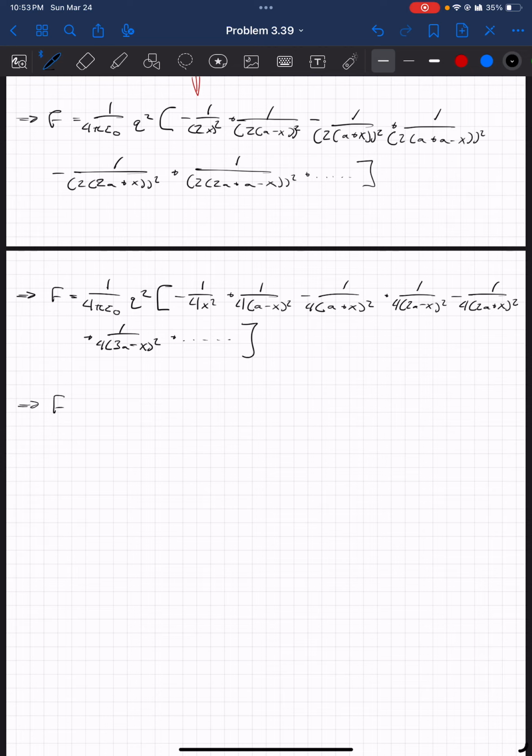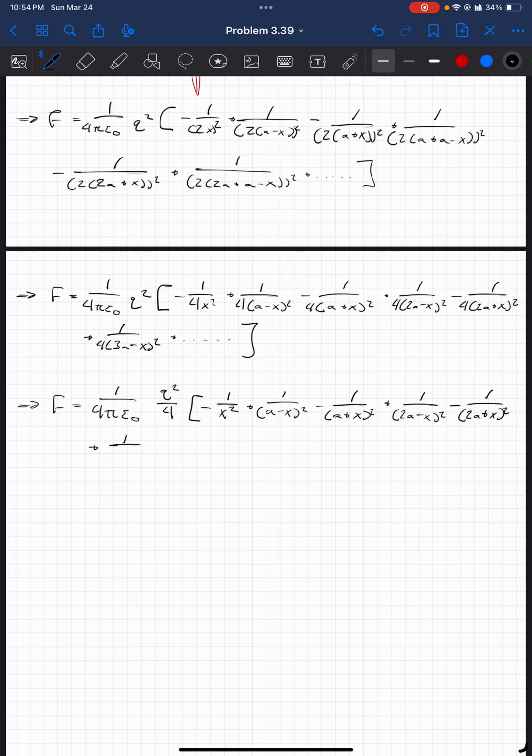So I will have force is equal to 1 over 4 pi epsilon naught q squared over 4 multiplied by negative 1 over x squared plus 1 over a minus x squared minus 1 over a plus x squared plus 1 over 2a minus x squared minus 1 over 2a plus x squared plus 1 over 3a minus x squared. And this will continue on and on.